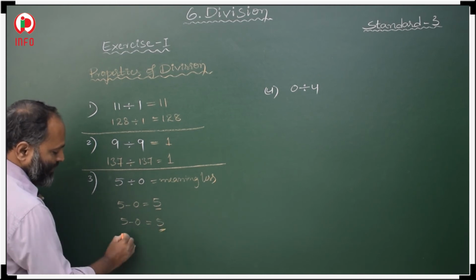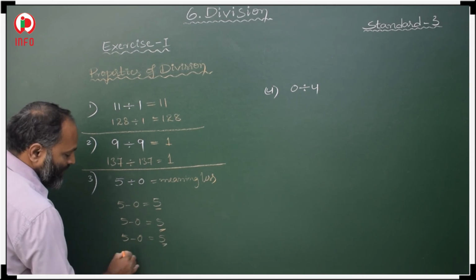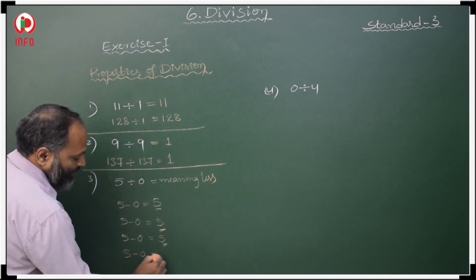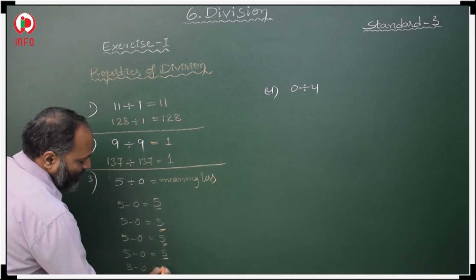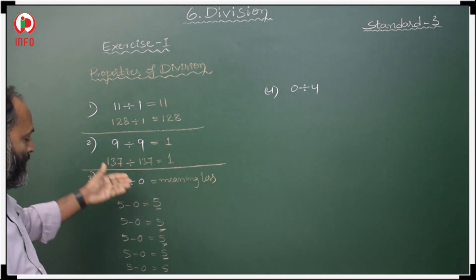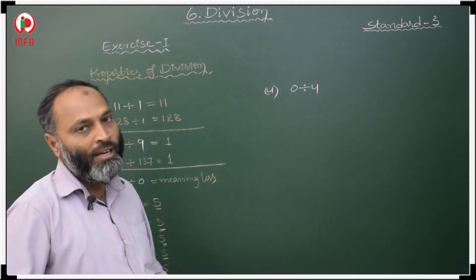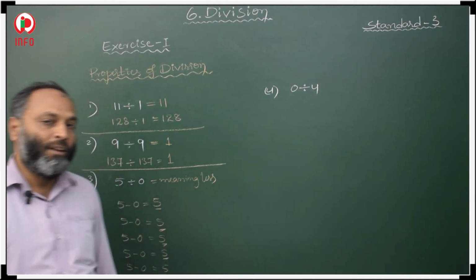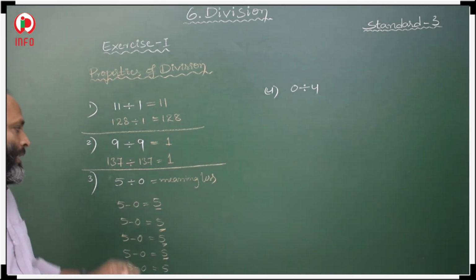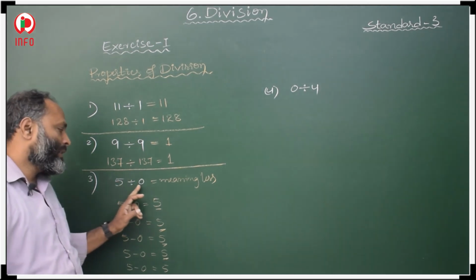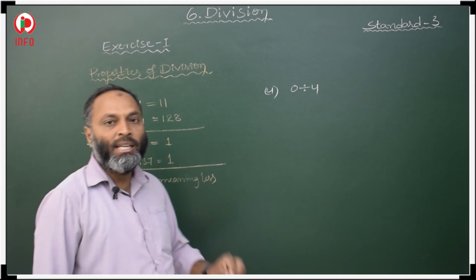Again difference minus 0, we get 5. If we do this n times, our answer is 5, 5, 5, 5, 5. We are getting 5 only. It means it is meaningless. If any number is divided by 0, that is meaningless.